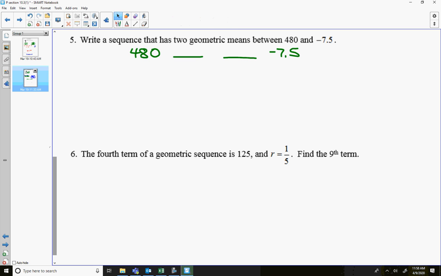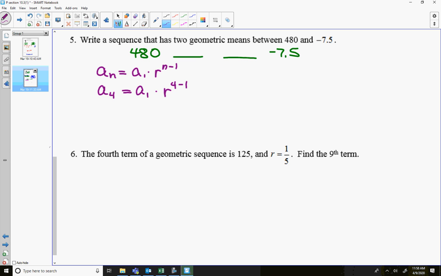So, using our formula, and the fact that we know the fourth term, so that's what we're going to start with, a subscript 4 equals a1 times r to the 4 minus 1.